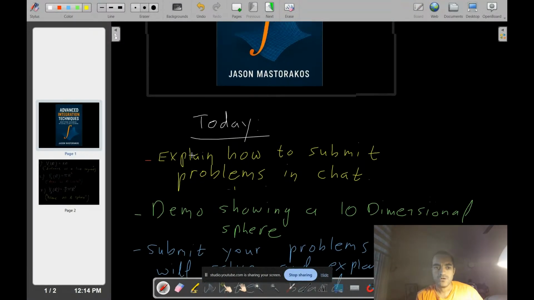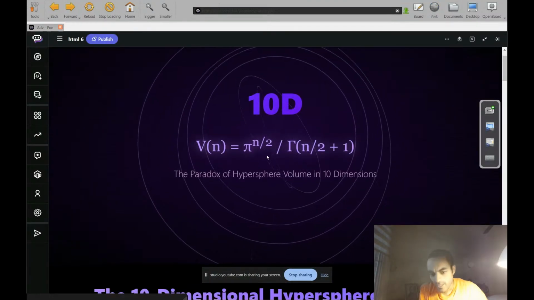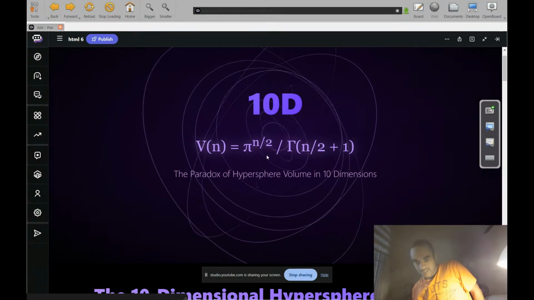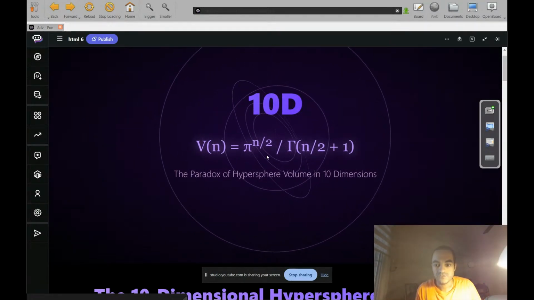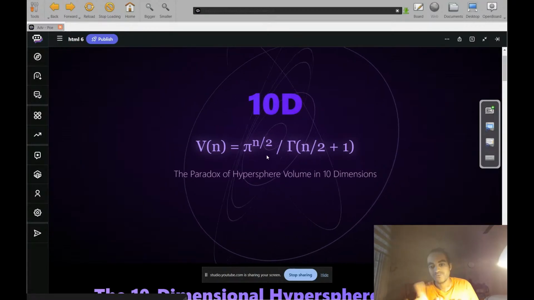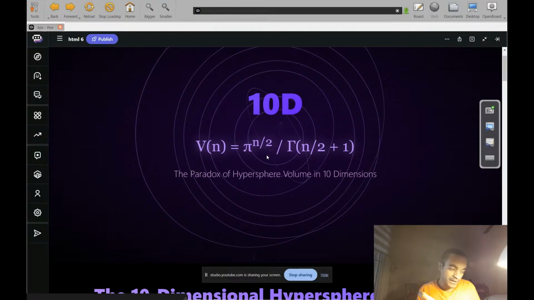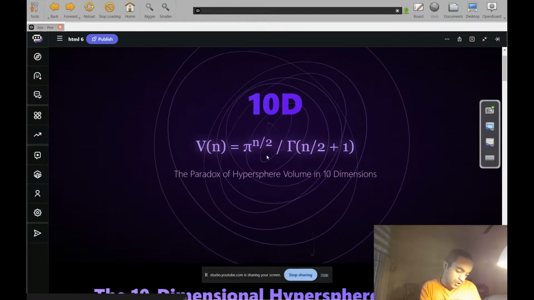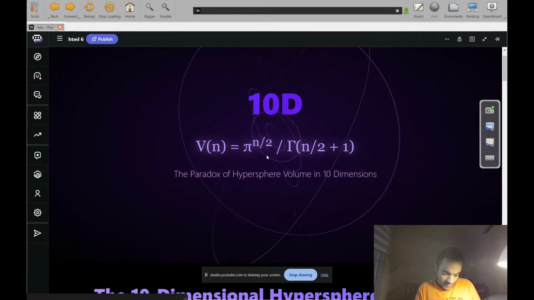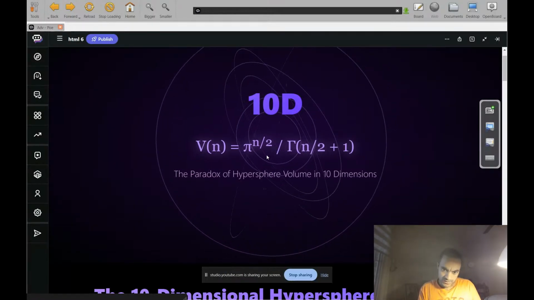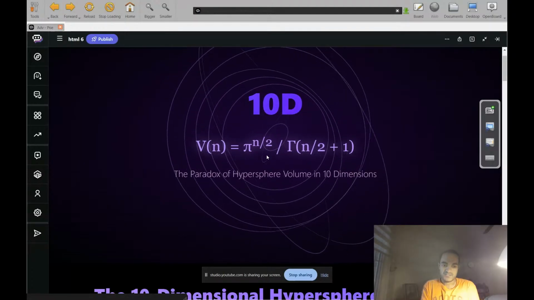Okay, so I want to go back to the web. As you can see here, this is how a 10-dimensional sphere looks like. In other words, a hypersphere, a volume of 10 dimensions. You can see that you have multiple rings. Normally, if you have a sphere, it has one horizontal ring on the plane, let's say if you had an XY plane, and then you have the circular disc from the vertical axis going all the way down and intersecting the other axes.